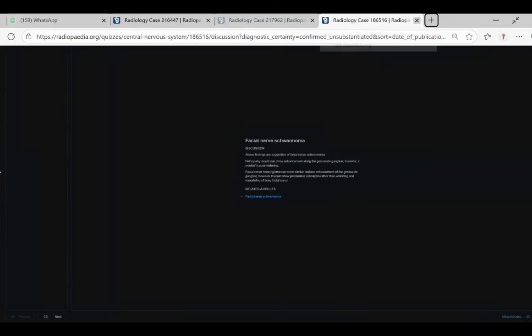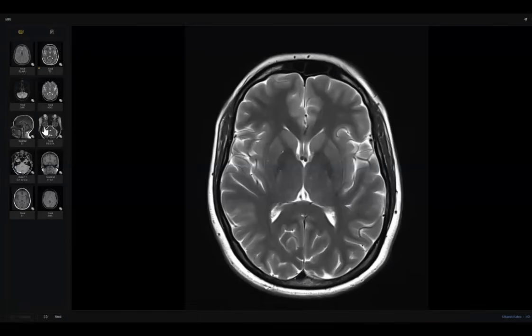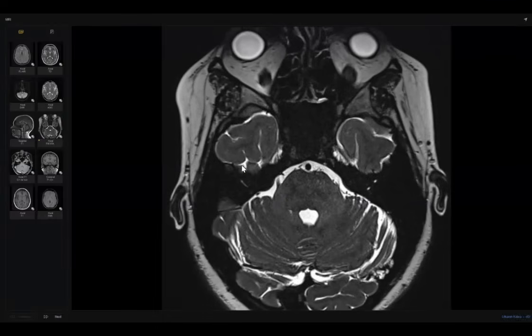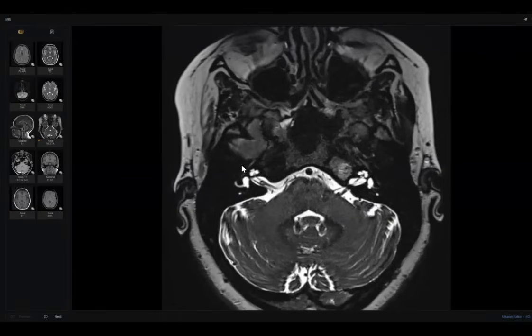Thank you, doctor, I have a question. Do you think the intracranial part of the facial nerve is normally enhanced or not? See, what are the segments of the facial nerve?